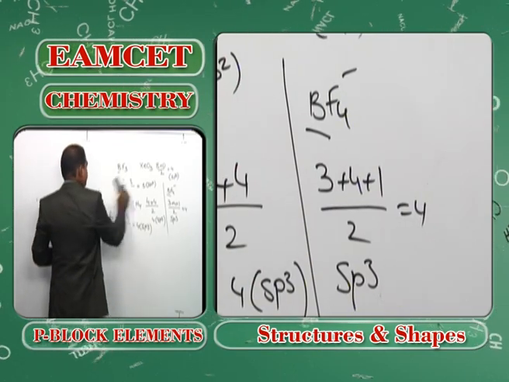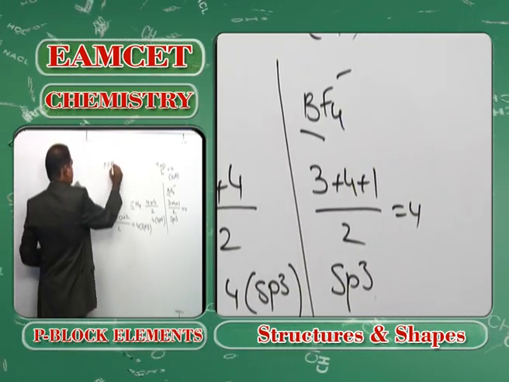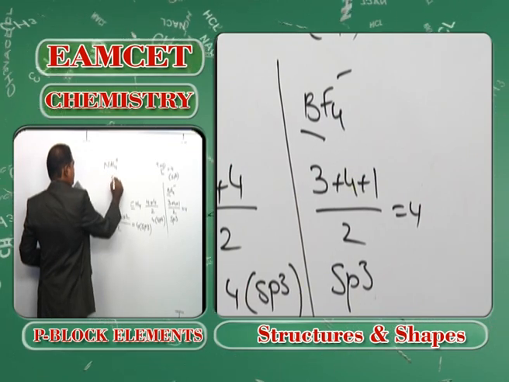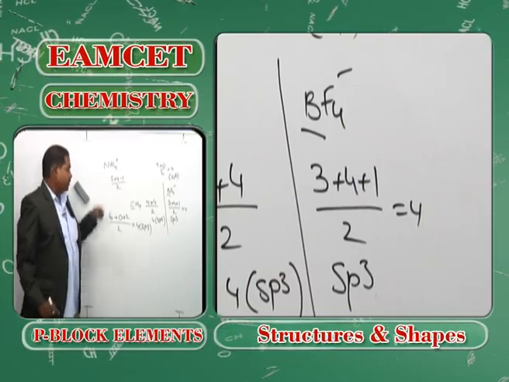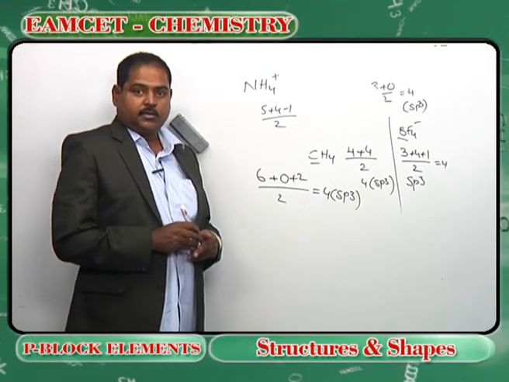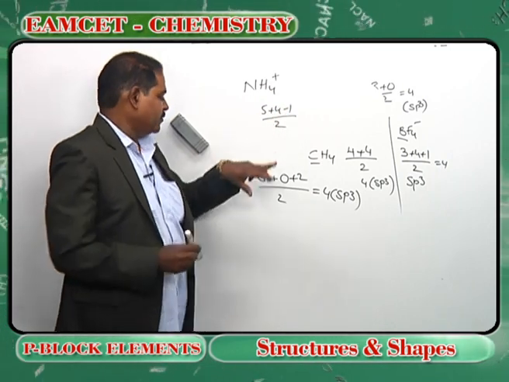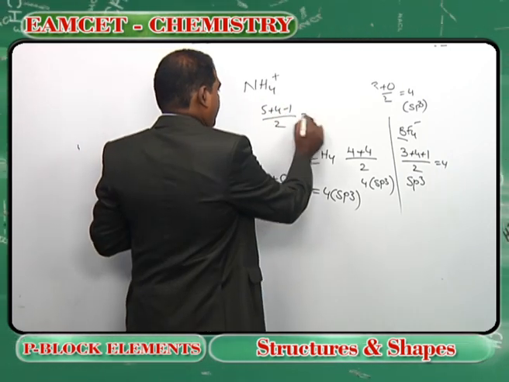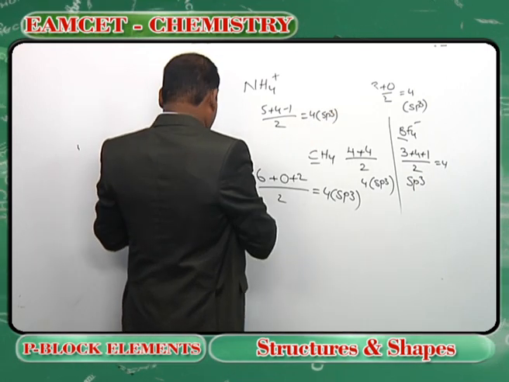NH4 plus, ammonium ion, NH4 plus, 5 plus 4 minus 1 by 2. Nitrogen has 5 valence electrons, 4 hydrogens, 5 plus 4 minus 1 by 2, 9 minus 1 by 2, 4, once again sp3.